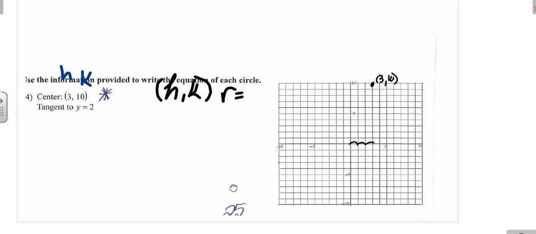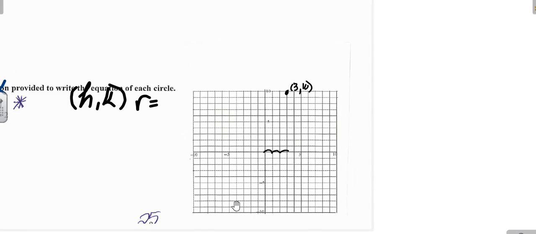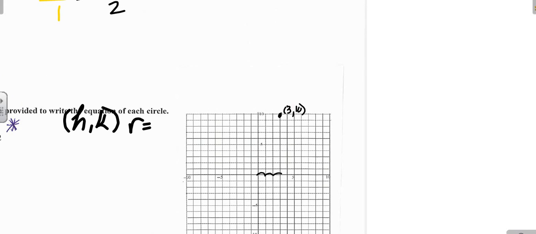But it's tangent to the line y equals 2. So y equals 2 is all the points where y is 2, and that's a horizontal line.